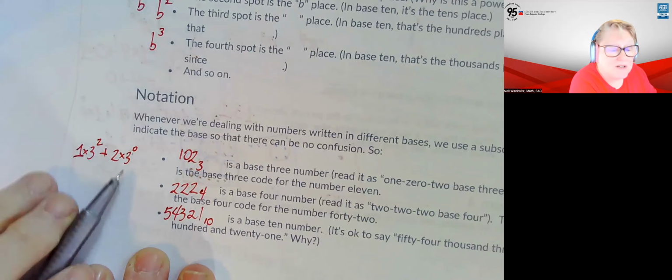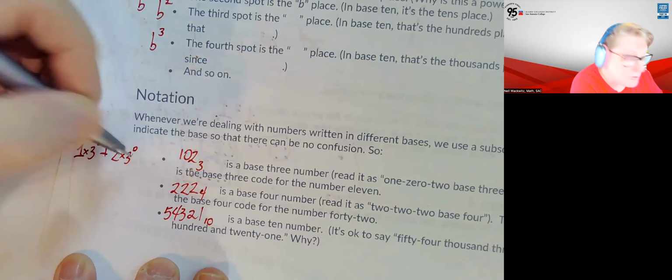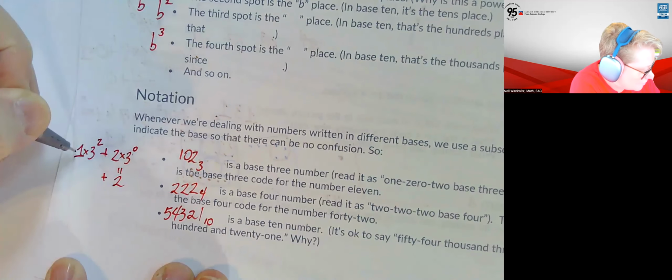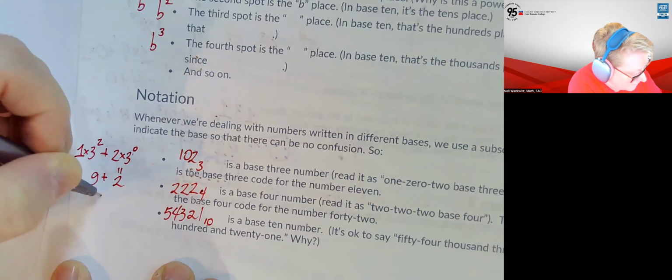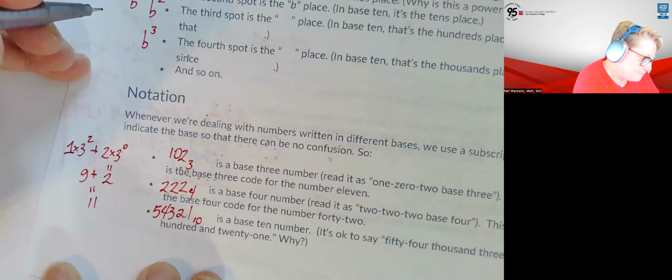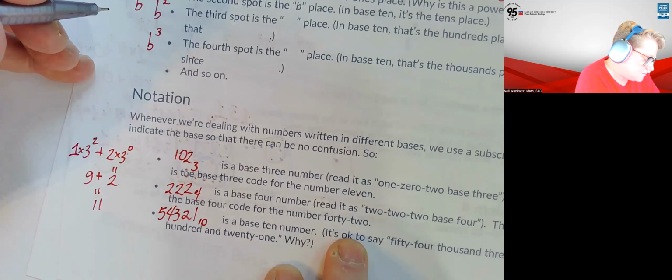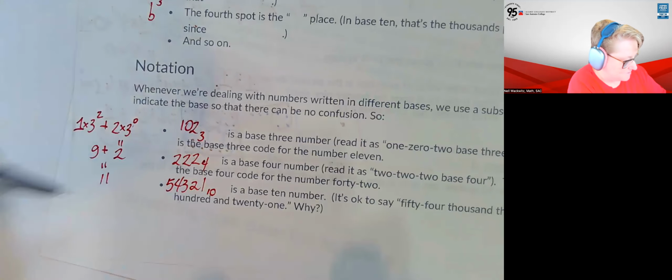So I skipped 3 to the first because we had 0 of them. So let's see, 3 to the 0, that's 1. So I get 2 times 1 is 2. 3 squared is 9. 1 times 9 is 9. We get 11. Oh, right, and that's what they got. Yay. I was reading the wrong thing and it was kind of confusing.